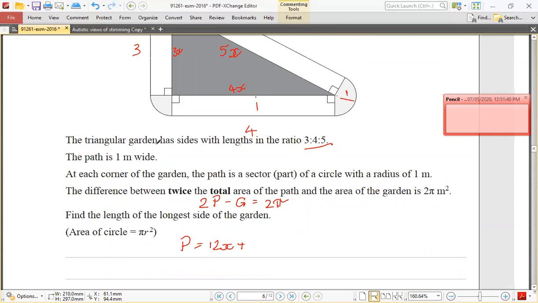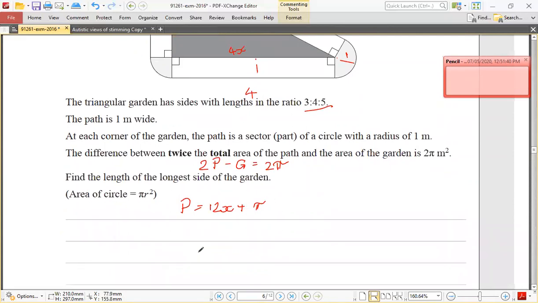Pi times 1 squared. So that is just going to equal 3.14, but just keep it as pi. So the area of the path is 12x plus pi. So what about the area of the garden?